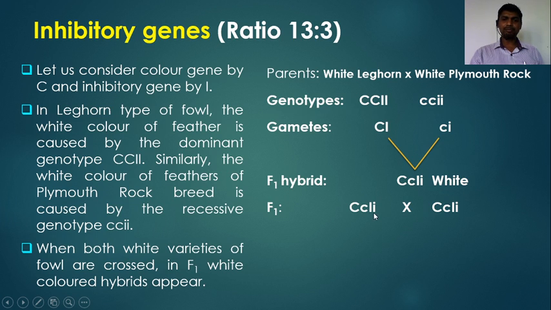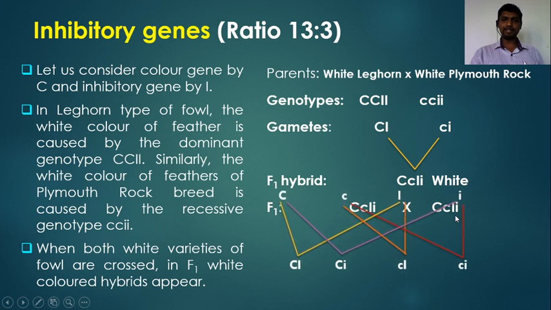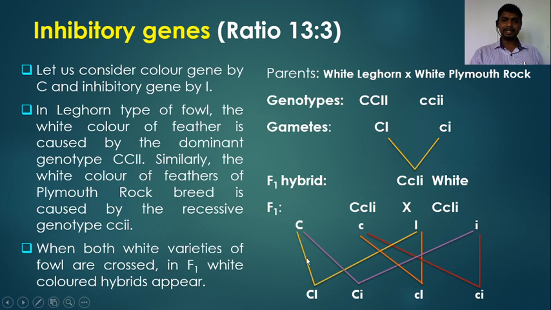When this F1 is inbred, meaning this Cc Ii is crossed with the same genotype Cc Ii, the gametes produced are capital C capital I, capital C small i, small c capital I, and small c small i.